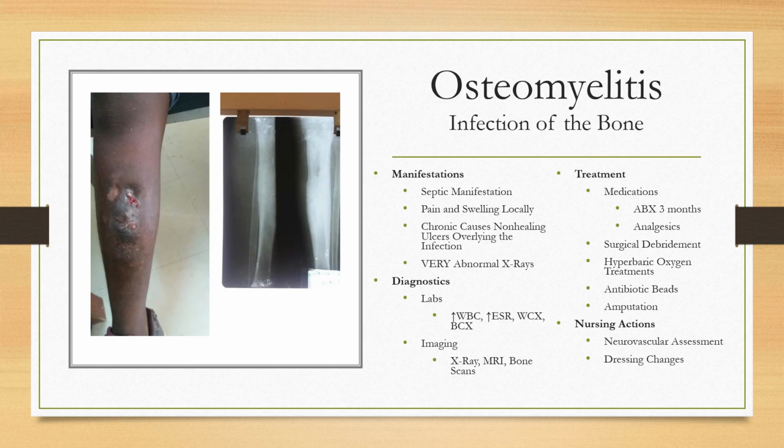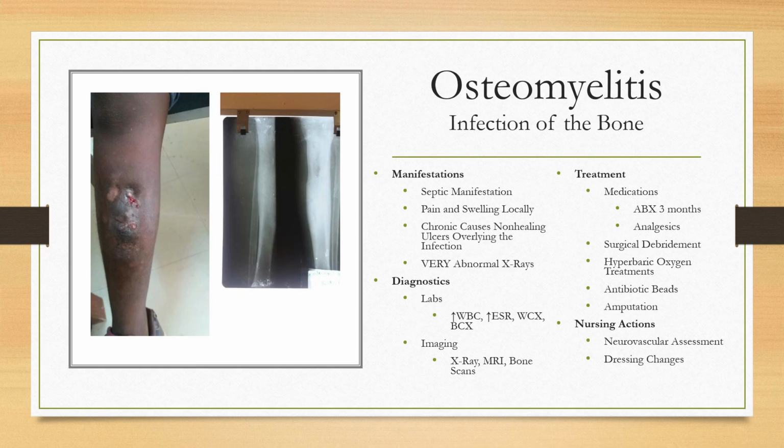So we may have to do a bone scan. A bone scan would definitely pick this up. It would light up the area of the osteomyelitis. An MRI or a CAT scan would definitely alert us to potential osteomyelitis. What about other tests? In terms of blood work, because you have a bacterial infection, your white blood cell count will be elevated, and in particular your neutrophils.